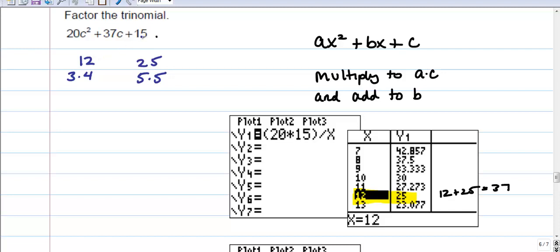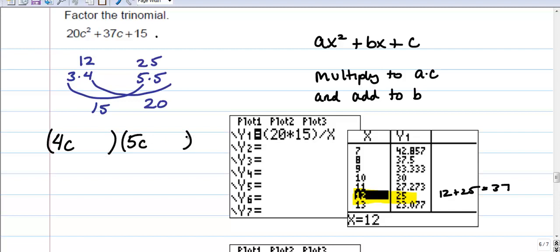So if I notice here, these two numbers give me 15, and these two numbers give me 20. So what I would do is I would say, okay, that means I need to have, because I need to do the 20, so 4c and 5c to get the 20c squared.